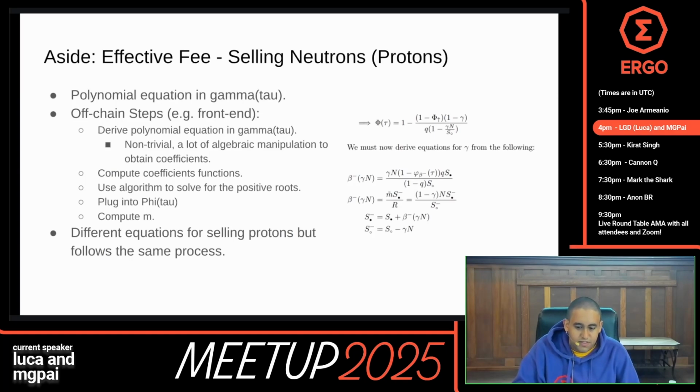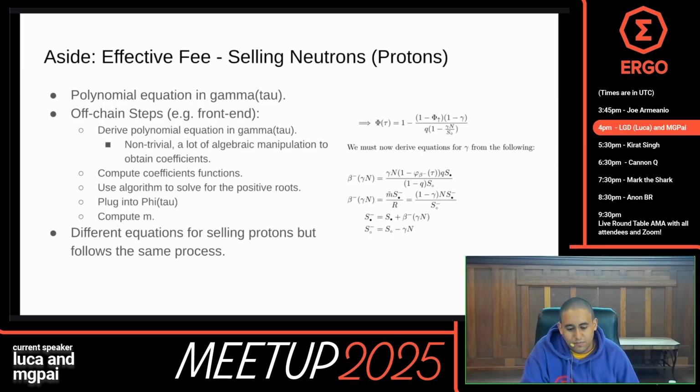And with selling neutrons, there's a slight difference because, remember I mentioned that we have to convert some of the stable coins to reserve coins and then do a fusion. So we have this, I call it the gamma factor, and that represents the amount of your initial amount of stable coins that you have to convert to protons.